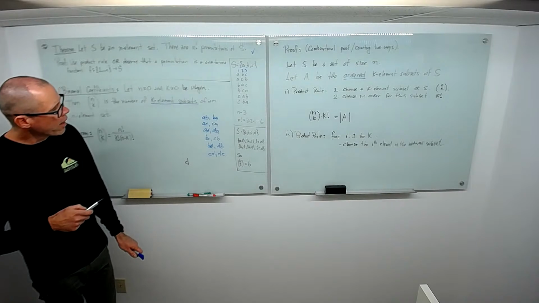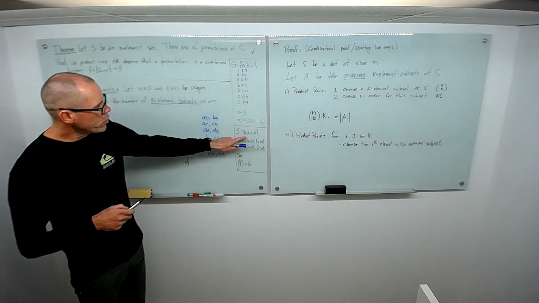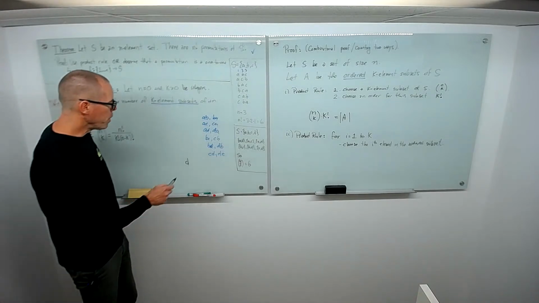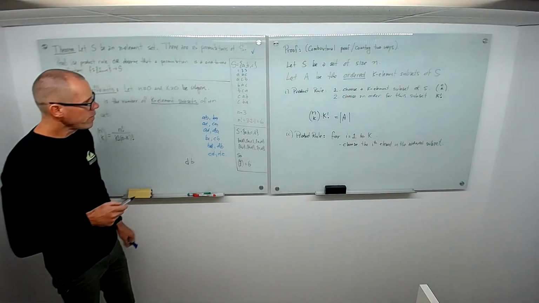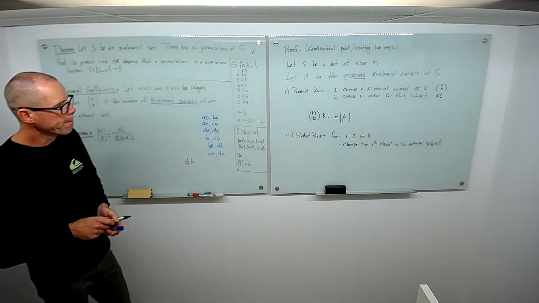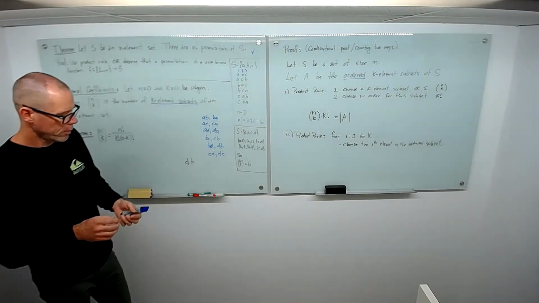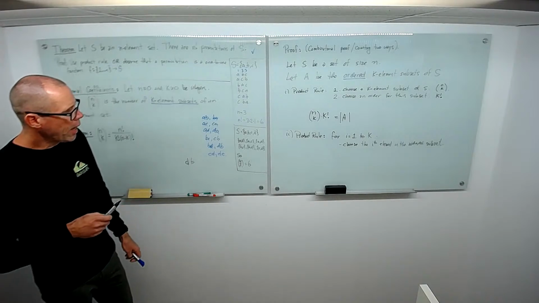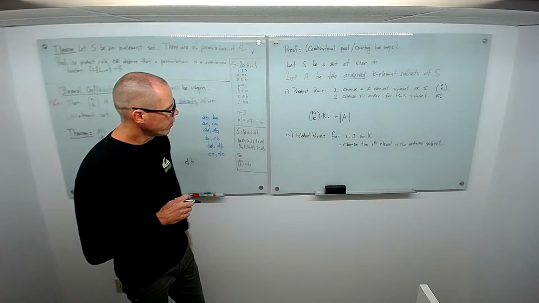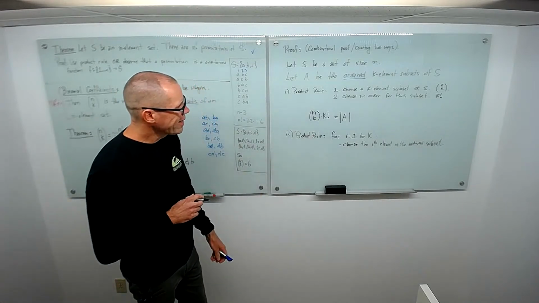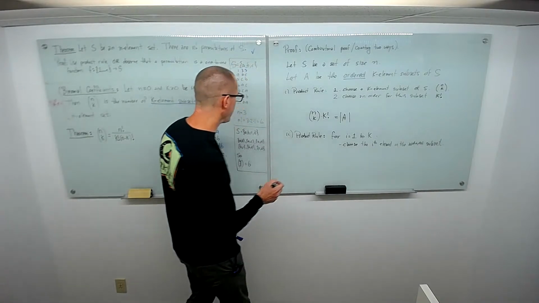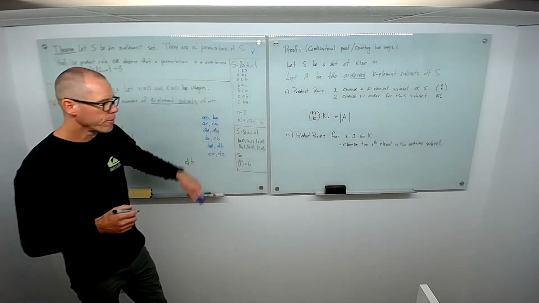I choose the second element, and I'm not allowed to choose D again. I can choose A, B, or C. So maybe I choose B. And that generates that particular subset. Okay. So how many ways are there to execute this procedure? Well, there's k steps. And in the first step, I can take anything I want from S.